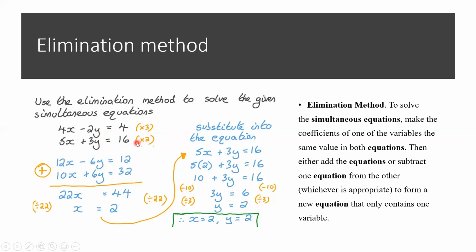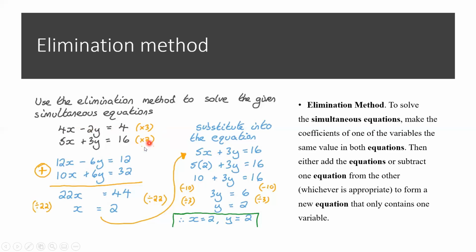But guys, bear in mind, when we're using the number for the equation to make one of the variables equal, we're going to multiply that number with everything inside that equation. So, for example, in this one, I'm using 3, right? So I'm going to start from here. 3 times 4 will be 12. 3 times -2y will be -6y. 3 times 4x will be 12x, right?